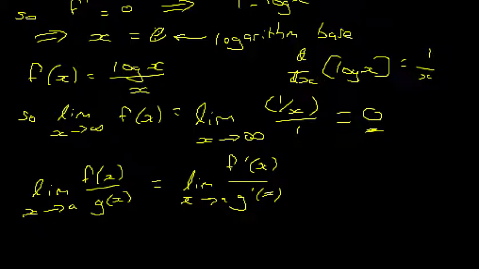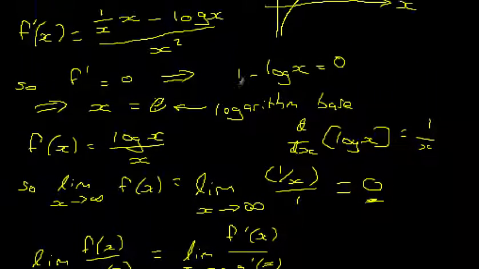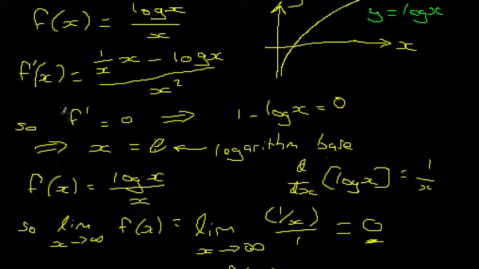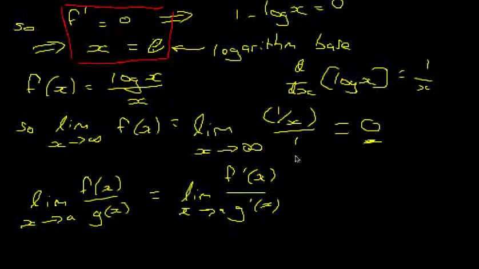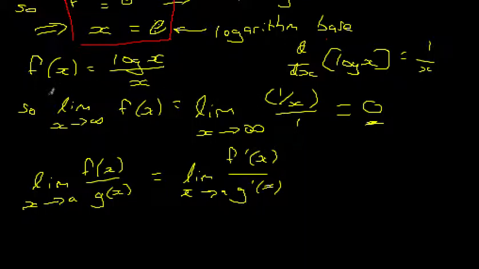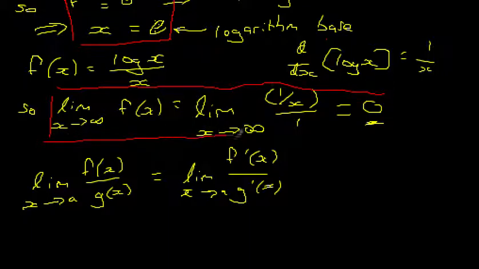So I'll start circling some of the key facts. This is our stationary point that we calculated, and the limit as x gets large is 0.